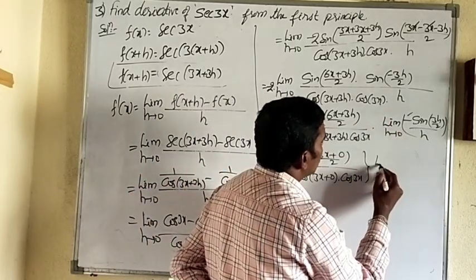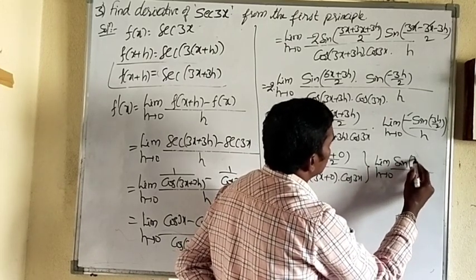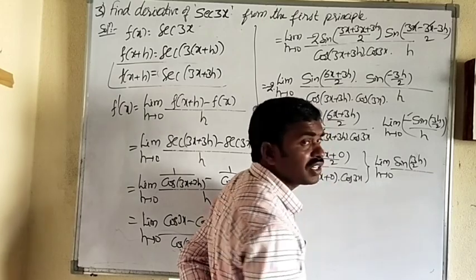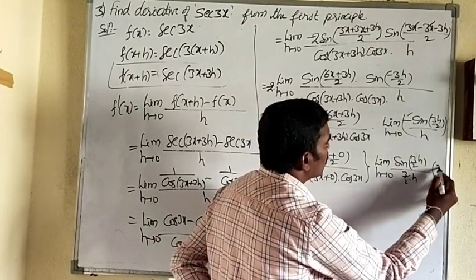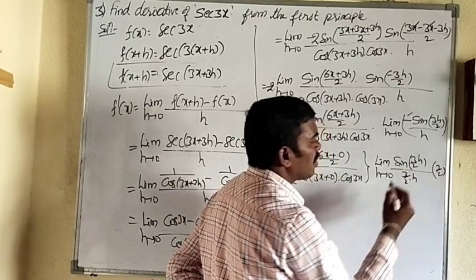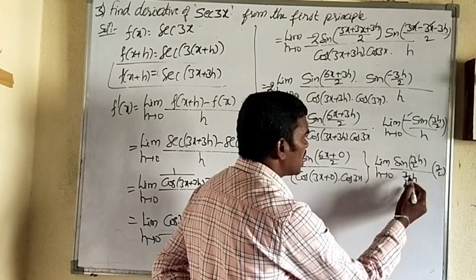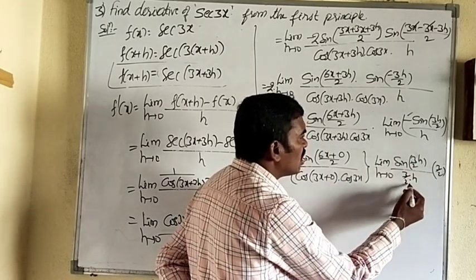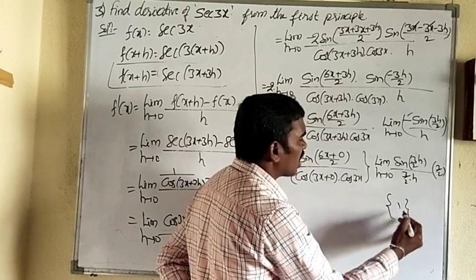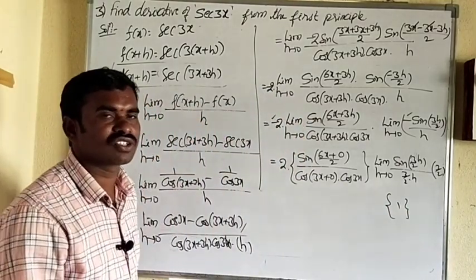For the remaining limit h tends to 0, what is required here? 3 by 2 is additionally required. So multiply numerator and denominator with 3 by 2, to get equal terms. Why are we making them equal? If these terms are equal, we can write the answer of the limit as 1, according to limit x tends to 0 of sin x by x equals 1.